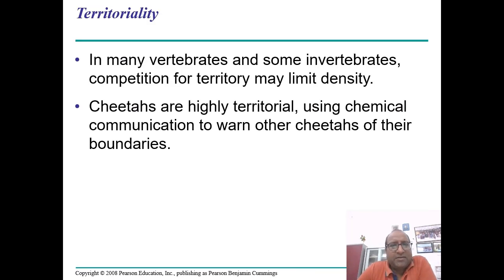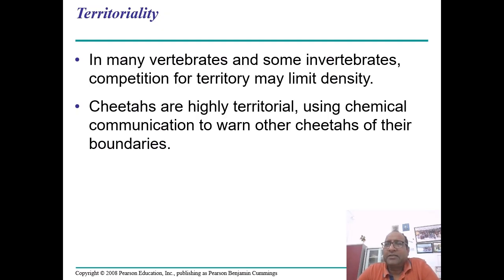Territoriality means the advertisement of its own area in a given geographical area. In many vertebrates and some invertebrates, competition for territory may limit density. Individuals fight for their territory. Cheetahs are highly territorial, using chemical communication to warn other cheetahs of their boundaries. It means two cheetahs cannot live in the same locality.